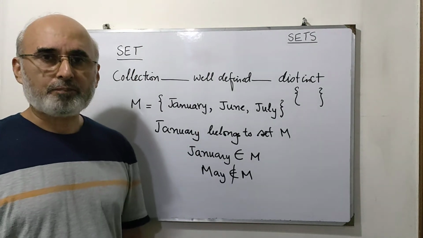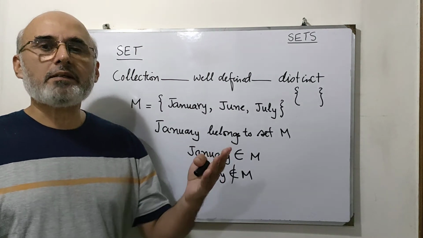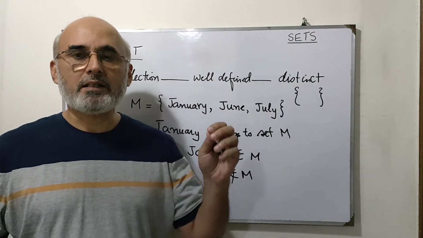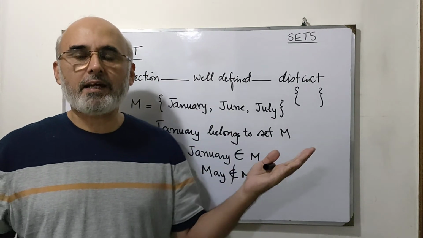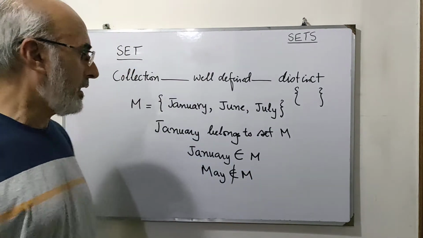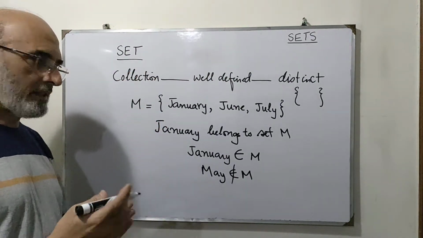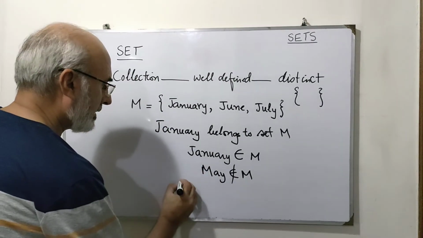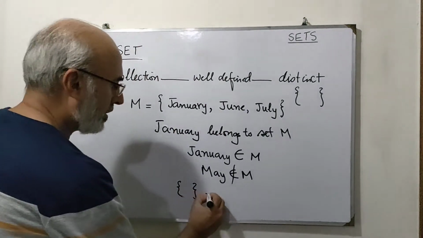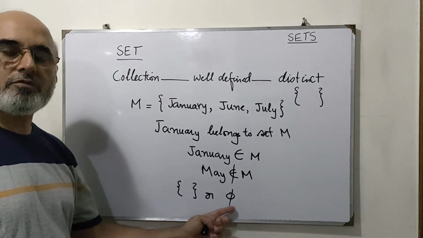One more thing. It is possible that a set does not contain any element. What is that situation? That situation is that the set is empty, and the empty set is represented with two curly braces, or phi, another Greek symbol, phi.